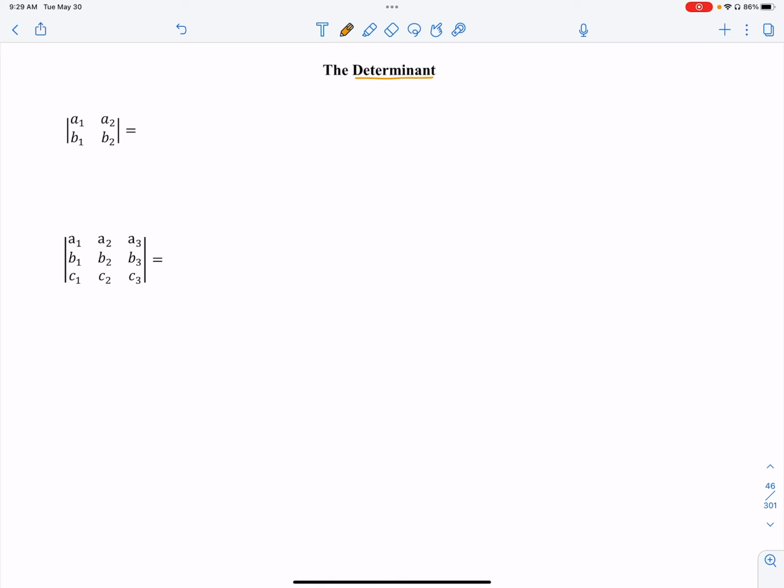The straight bars tell me it's a determinant. How I calculate it is this diagonal multiplied, so A1, B2, and then minus this diagonal, A2, B1. We multiply those diagonals minus the forward slash diagonals.